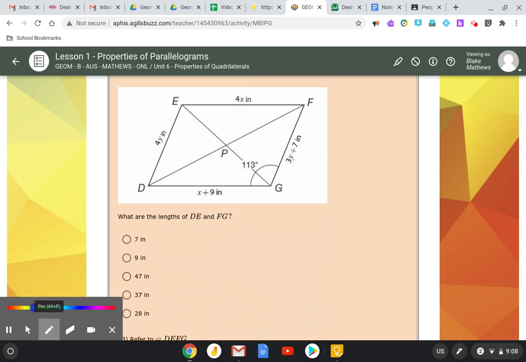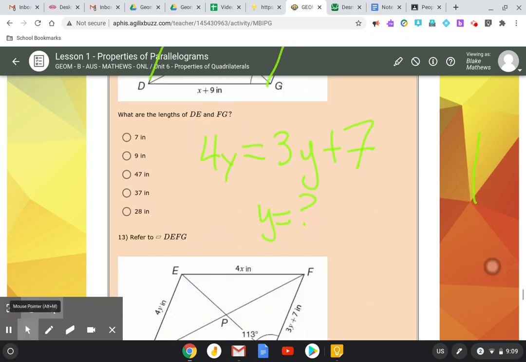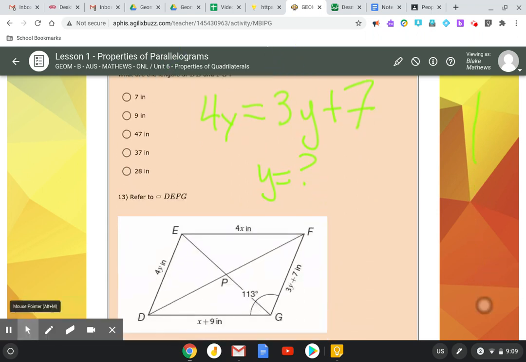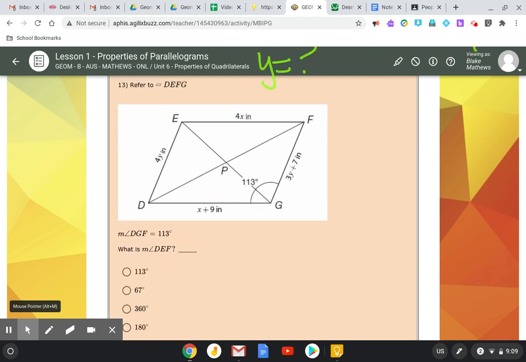Again, you should be saying, okay, well, DE is 4y and FG is 3y plus 7. And then you need to solve that for y. What does y equal? All right. You're going to need to solve that equation yourself. Okay, more from the examples that I gave you on the notes.